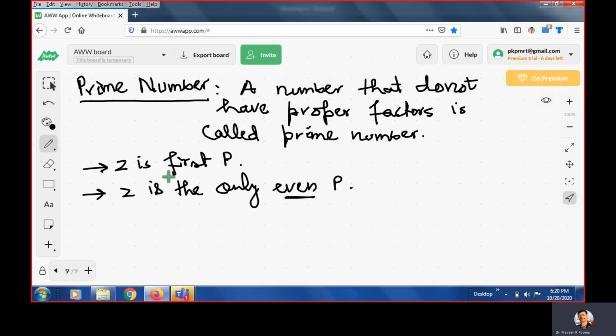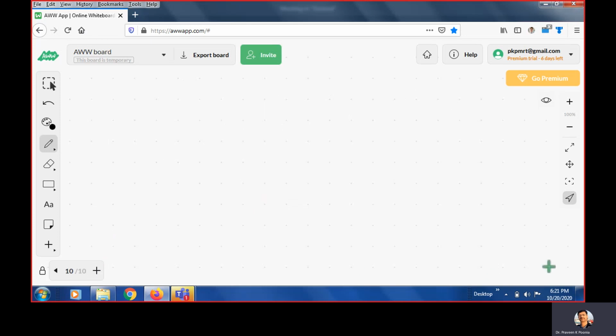Please remember, first prime number, even prime number. Clear? These are the two important things about 2. Now we will learn how to write the numbers. 2 can be written as 1 times 2 only. Or you can say, what are the factors of 2? The factors of 2 are 1 and 2 only.